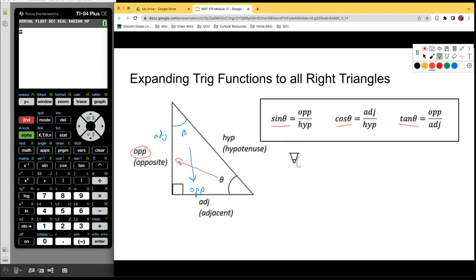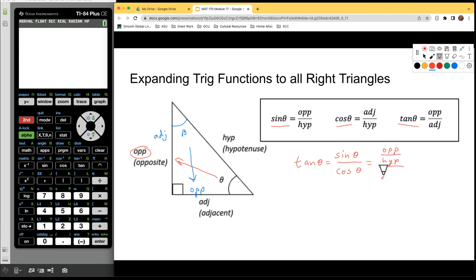Another definition we use for tangent is that it's also considered sine over cosine. Remember, sine is kind of connected with the y value, and cosine with the x, and tangent is the change in y over the change in x from algebra. But if we do these two, you'll see sine is opposite over hypotenuse.